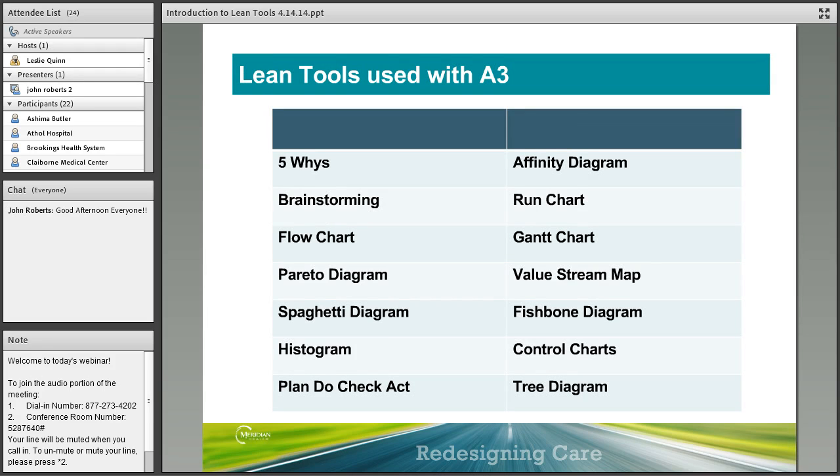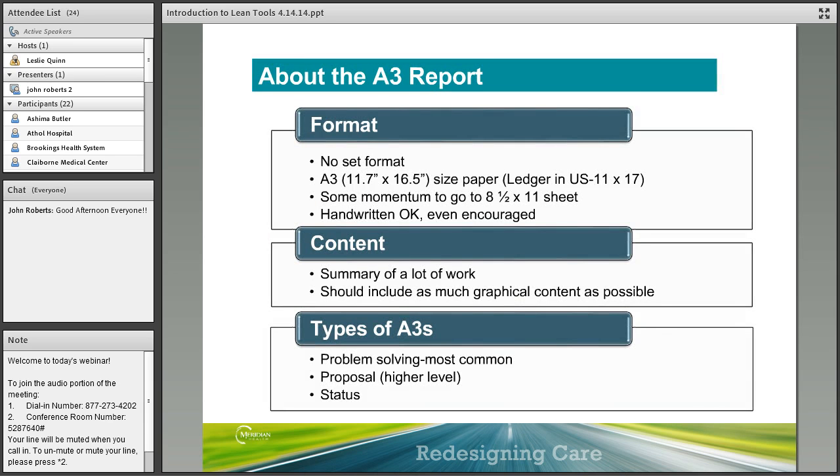And as I mentioned earlier, we use a lot of the Lean tools. So here's some of the list of other tools in Lean thinking that we use in the A3 problem-solving process.